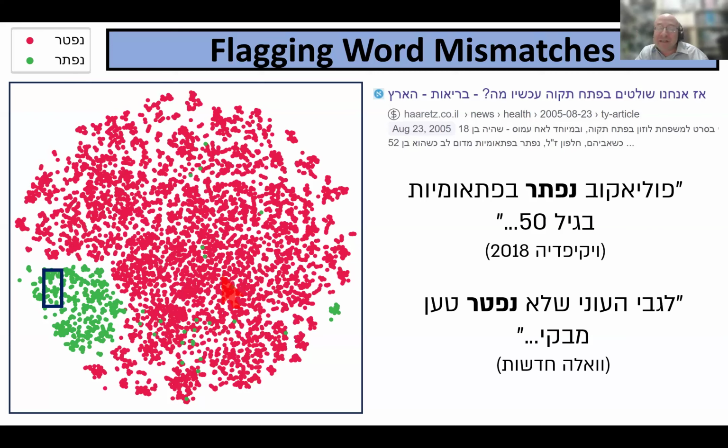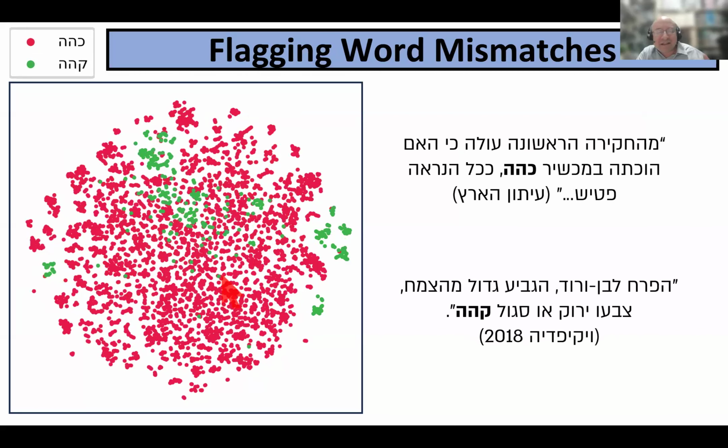These are very often spelling mistakes that wouldn't be caught by a spell checker, because they're spelled in a way that is certainly proper according to the dictionary. It's just the wrong usage. And we could do this with anything, with El and Al, Aleph and Ayin, with Im and Aim, where people switch the Ayin and the Aleph.